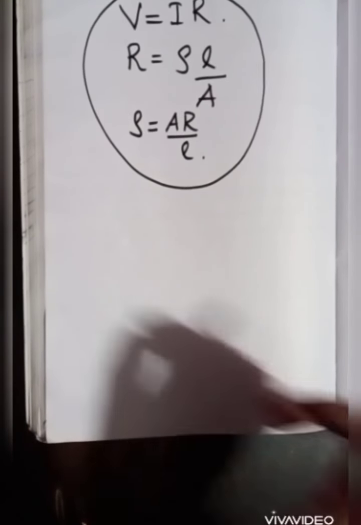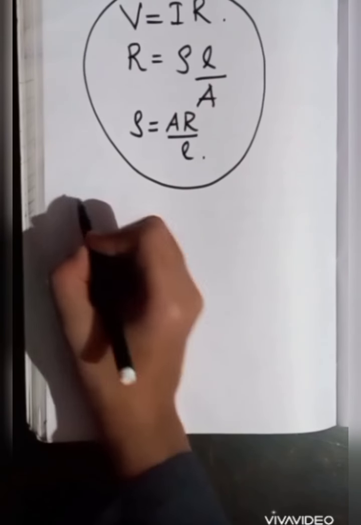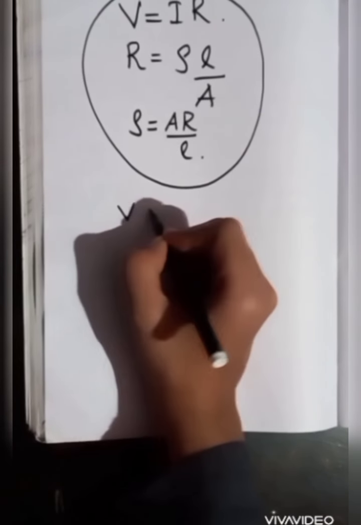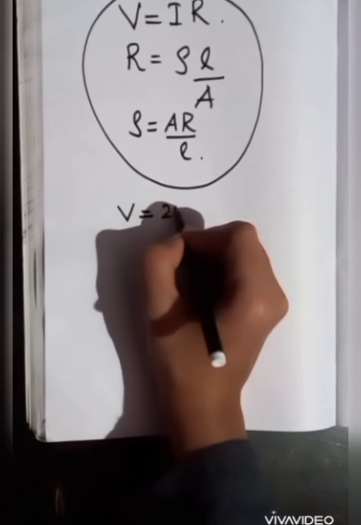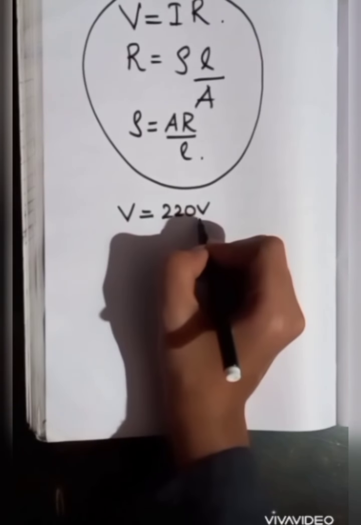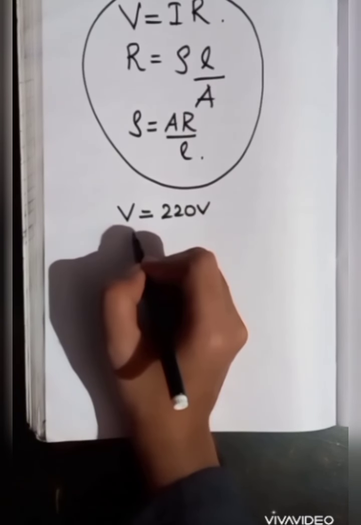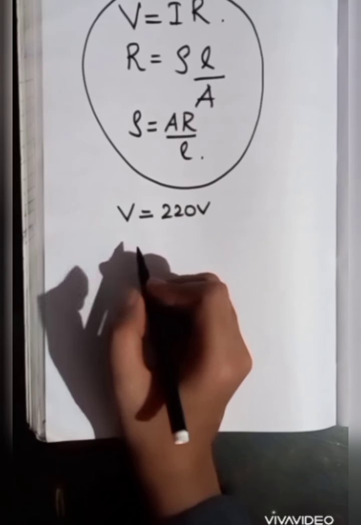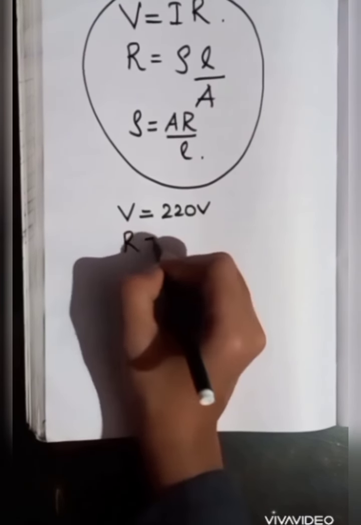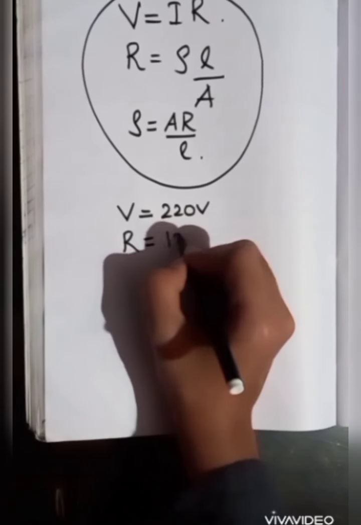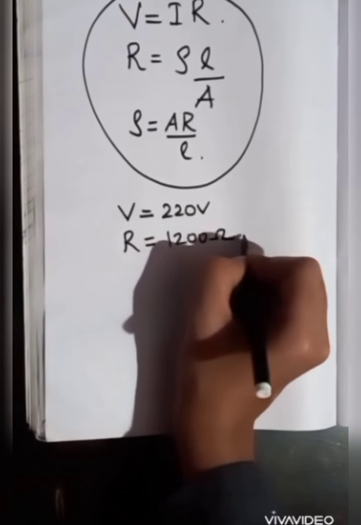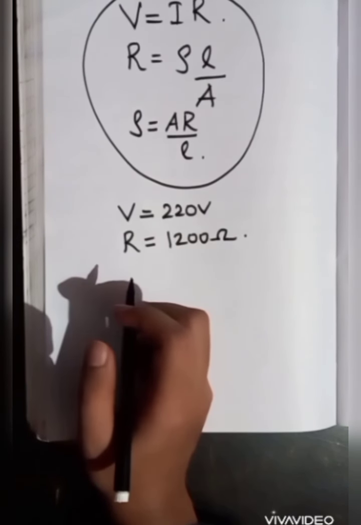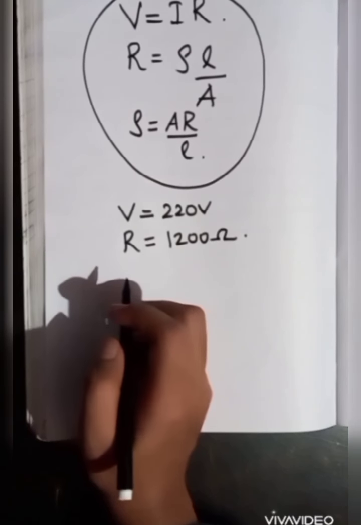Here it is given that the 220 volt source, that is V, the electric potential difference, is 220 volt. Volt is the unit of potential difference. The resistance of the bulb filament is 1200 ohm, that is, R is equal to 1200 ohm. Then we have to calculate the current.